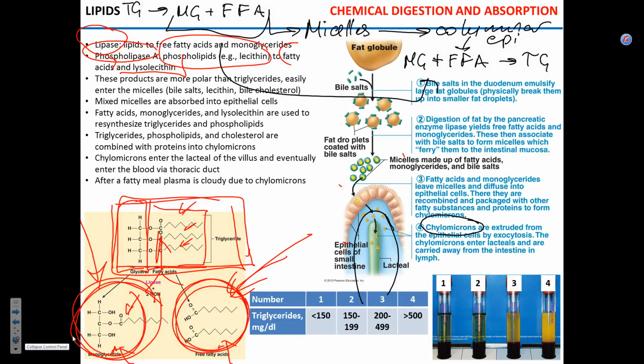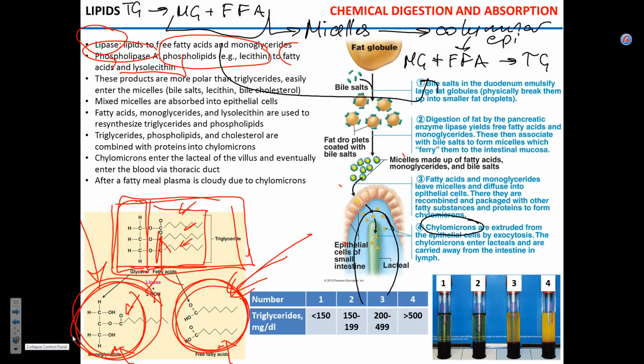And trunks empty into the subclavian veins, right here. Somewhere here, where the subclavian and jugular veins merge. So eventually, that fat that is in the lymph, those chylomicrons, they end up in the blood. Does that make sense?